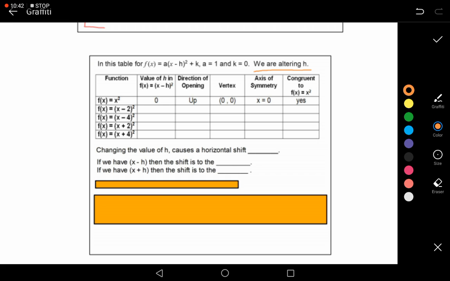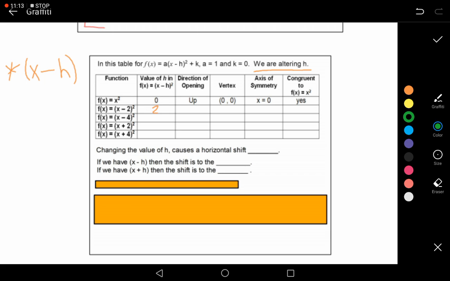So we see the next one is x minus 2 squared. So the value of h in f of x equals x minus h squared is actually just 2. Okay, you're going to make a side note for yourself here. Keep in mind that the equation itself has the form x minus h.